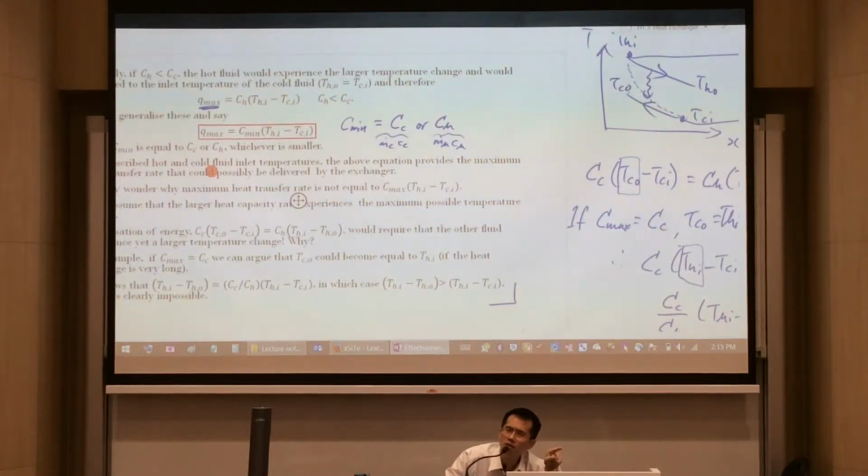Why minimum? Because you have two fluids. These two fluids will be flowing against each other or together with each other in the heat exchanger, and they would have their respective mass flow rate, m dot, and respective specific heat capacity, Cp.